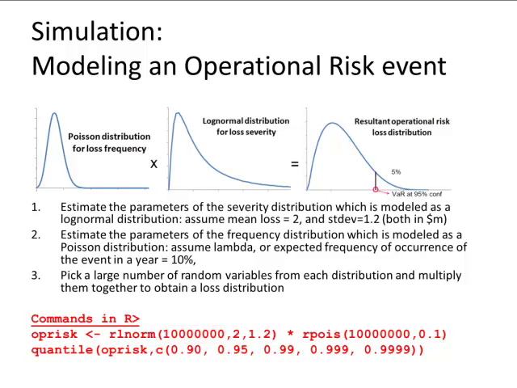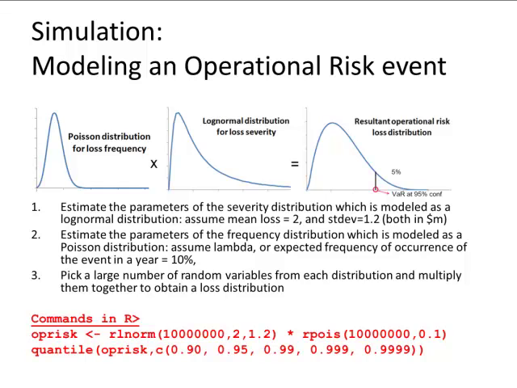Similarly, for the second function, we are multiplying it with the Poisson distribution. The first parameter is the number of simulations. Again, it has to be identical to the one that we took in the previous function, because otherwise, we'll have a mismatch. The number of lines resulting from the two functions will not be equal.